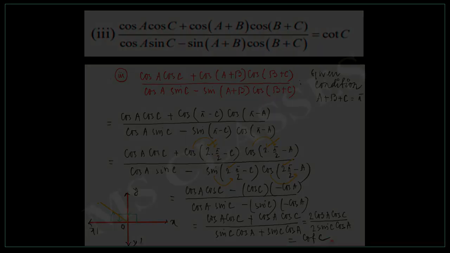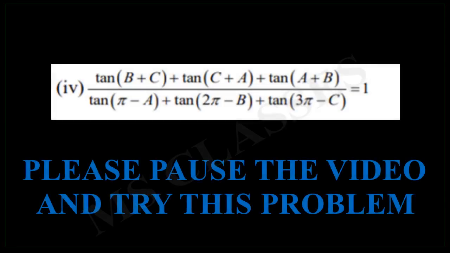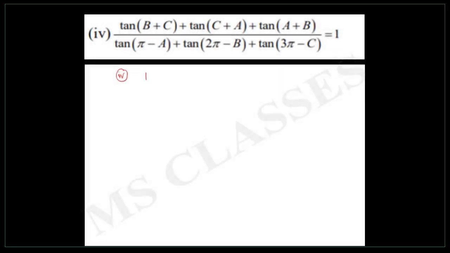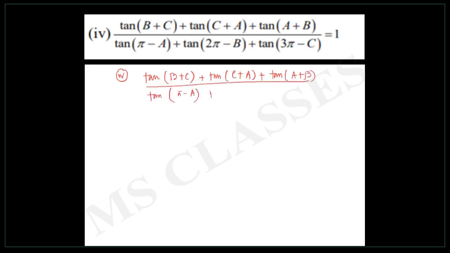Hence, it is given: tan(B plus C) plus tan(C plus A) plus tan(A plus B), whole divided by tan(pi minus C) plus tan(2 pi minus B) plus tan(3 pi minus C).